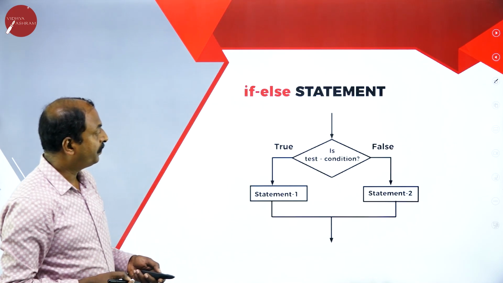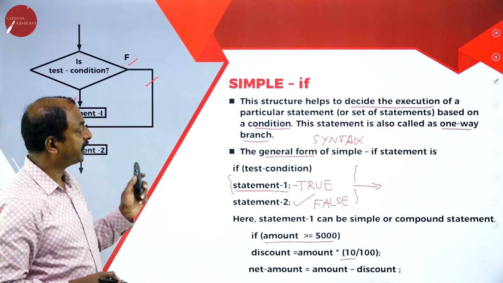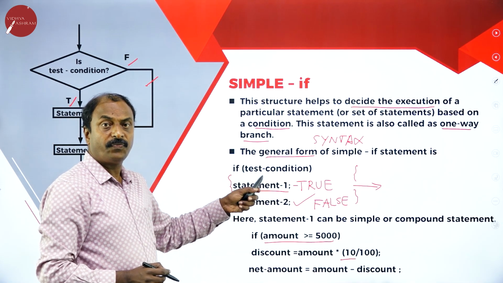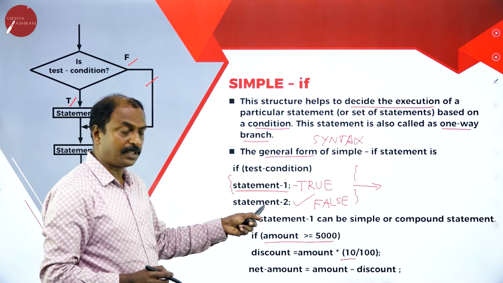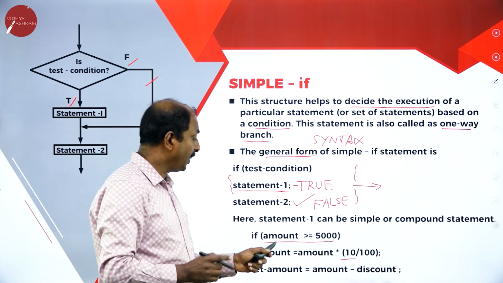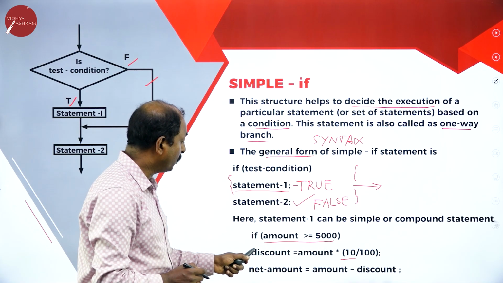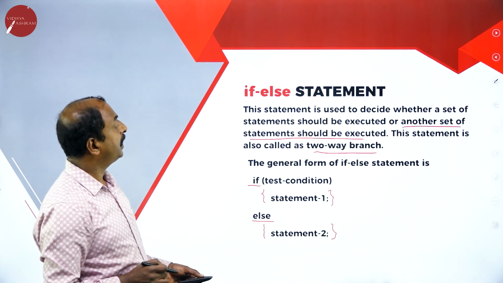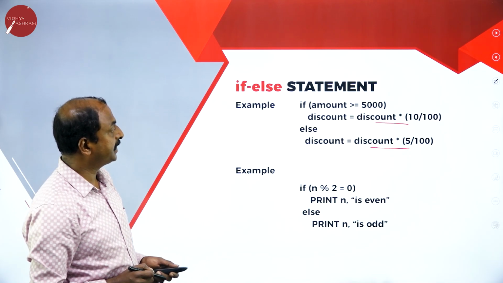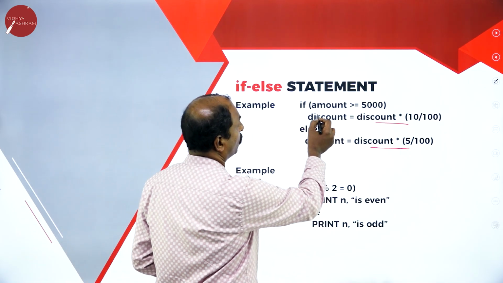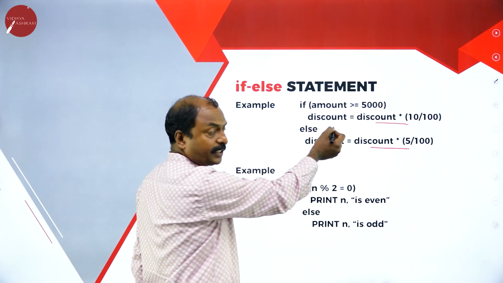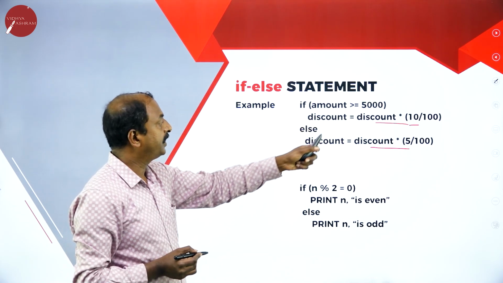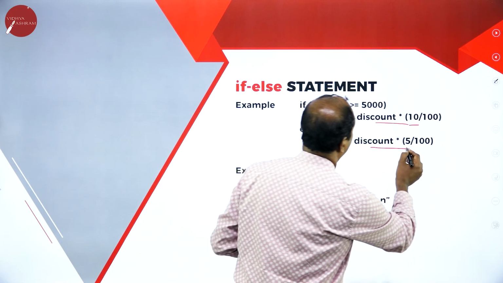In the simple if statement, there was only one condition and only one statement to be executed if it is true. Now in the if else statement, there are two statements. If the condition is true, it calculates the discount at 10%, and if the condition fails, it calculates the discount at the rate of 5%.